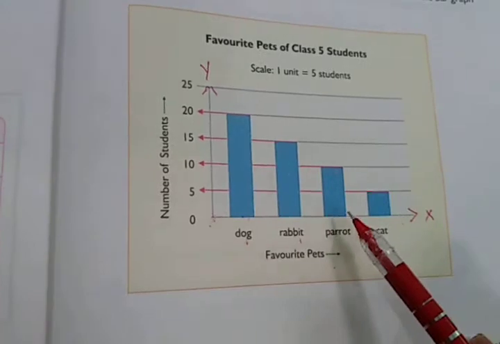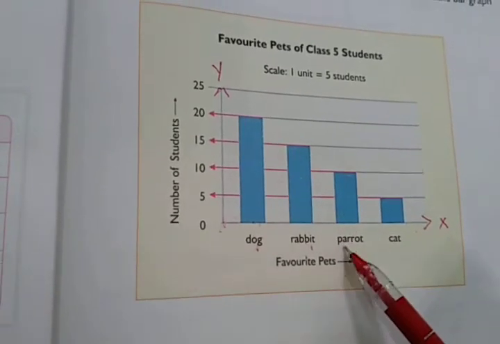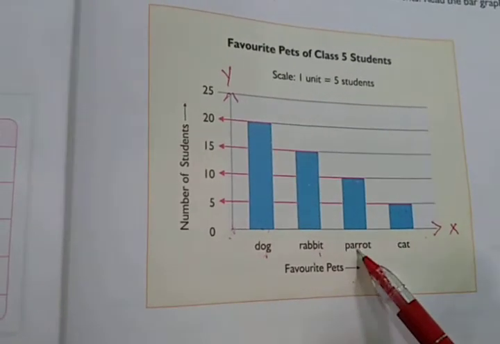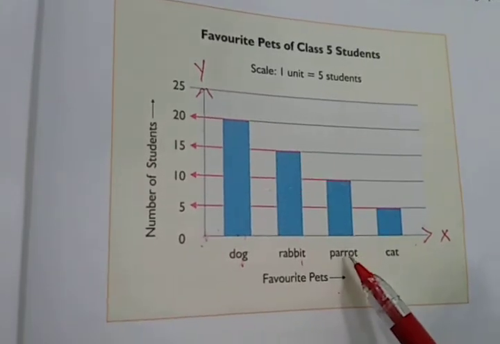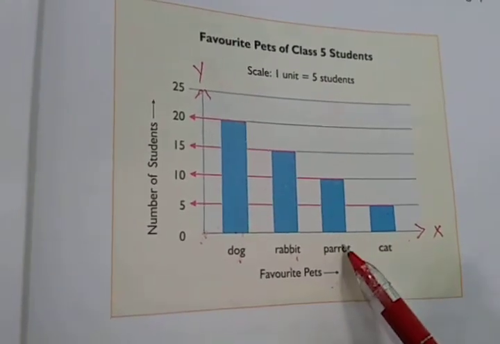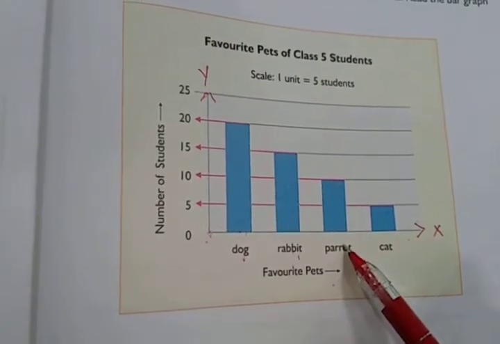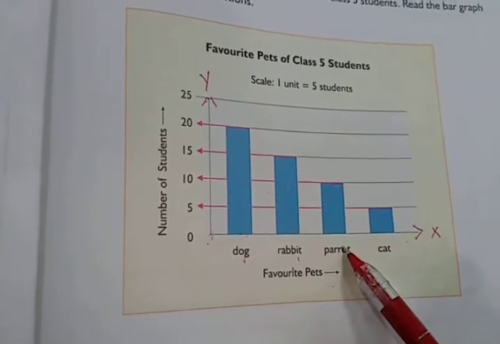Then number 3 here, parrot. This bar is for which favorite pet? Parrot. And parrot is the favorite pet of how many students?